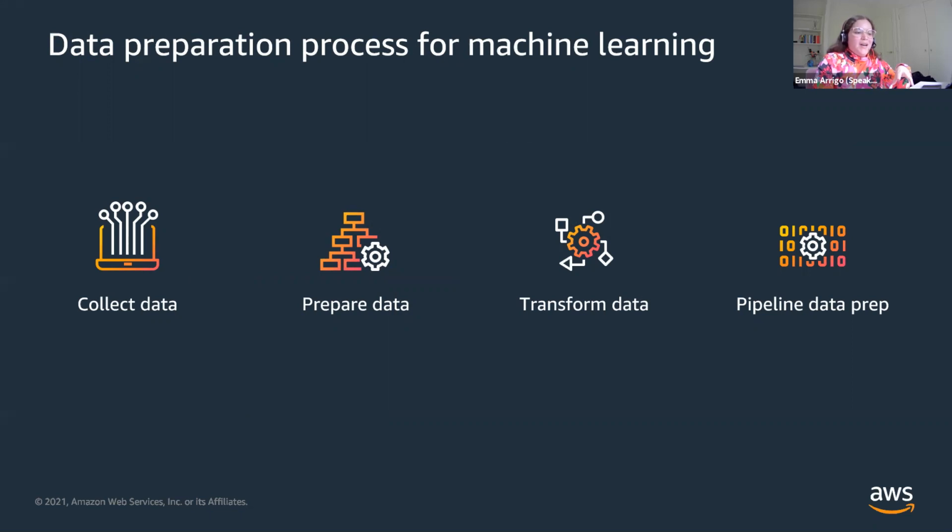So what exactly are the steps to data preparation and processing? You have to collect the data and get data ready for machine learning. That could be across various databases or data warehouses or just in random CSVs that you have. So you first need to get the data, and then you need to transform the data into a usable format.